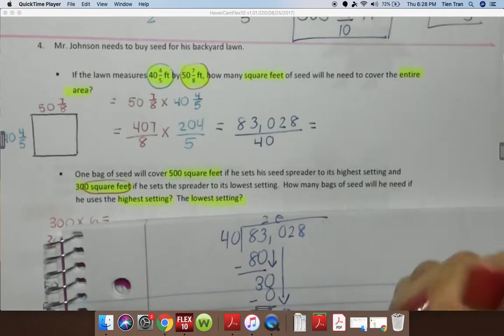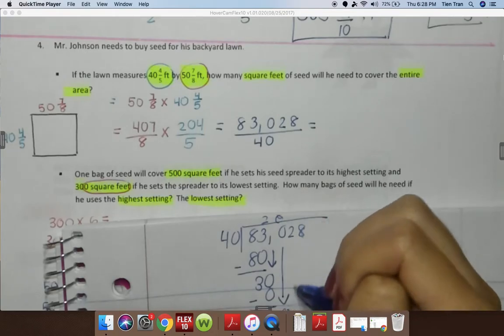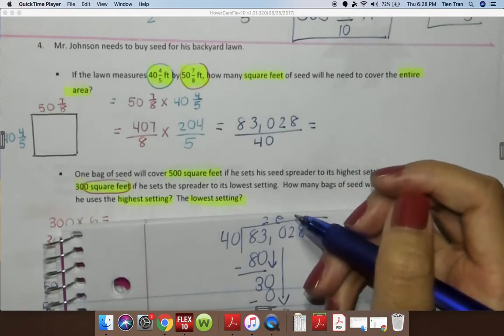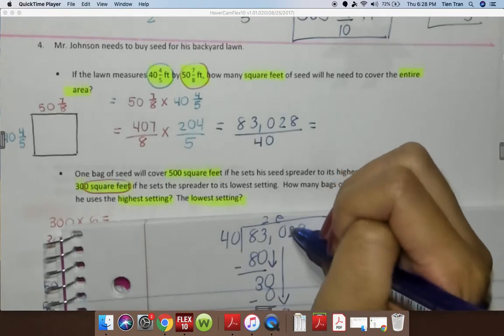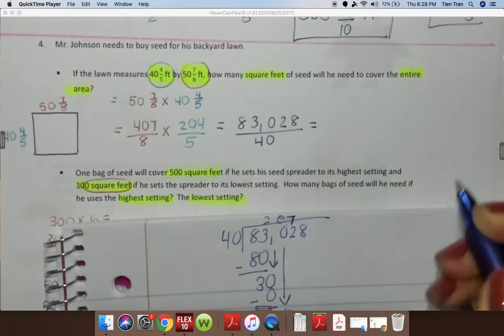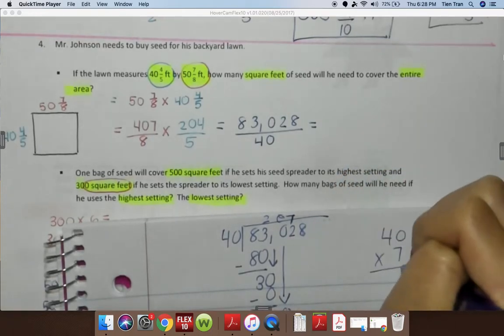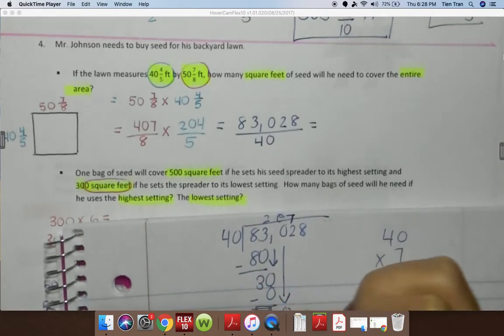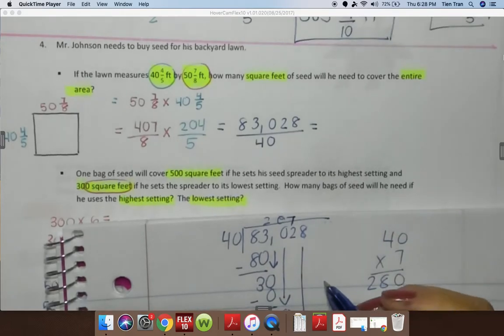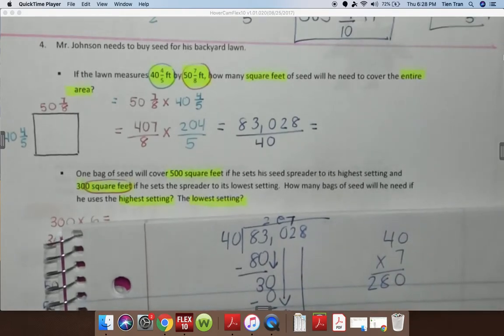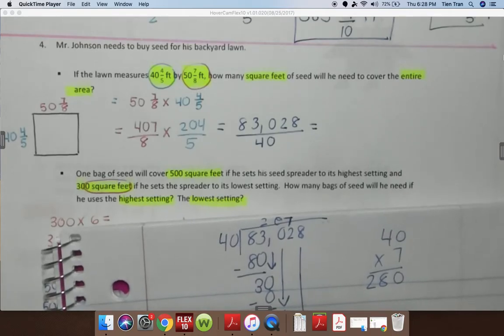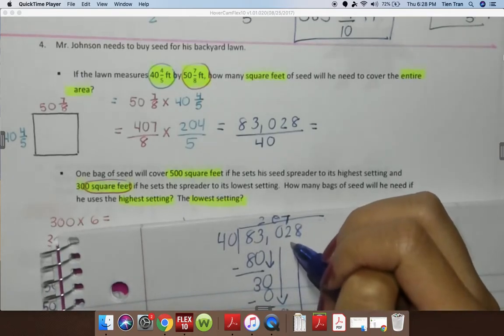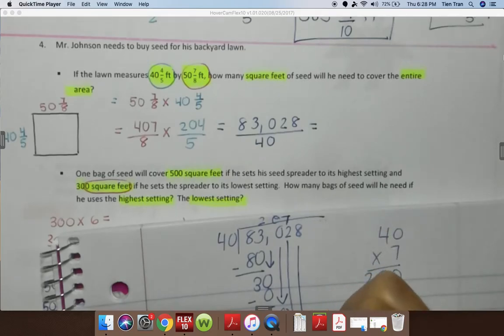So I get 300. 40 can go into 300 7 times. 40 times 7 is going to give me 280. Subtract, 20. Bring down my 2. And I get 202.